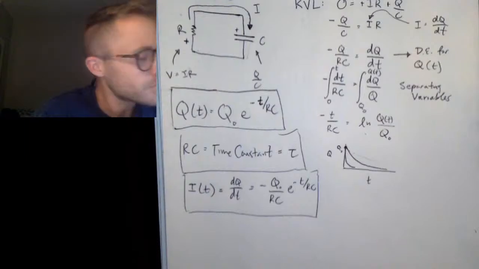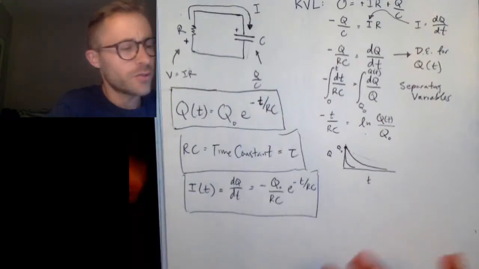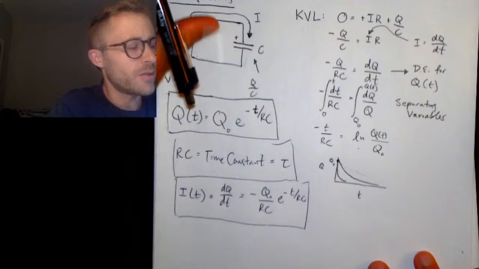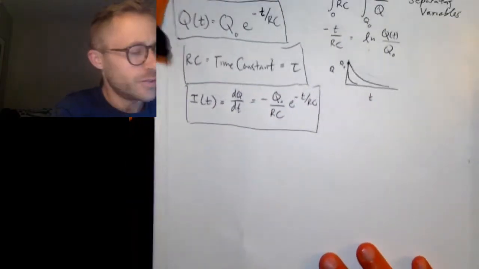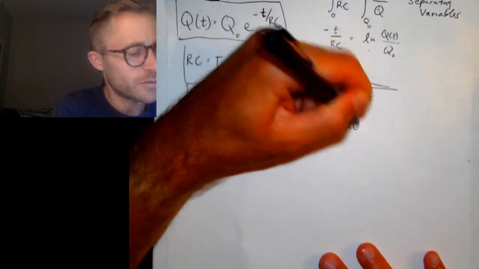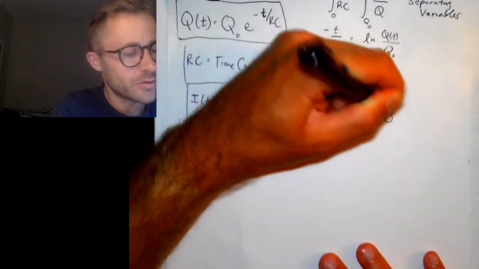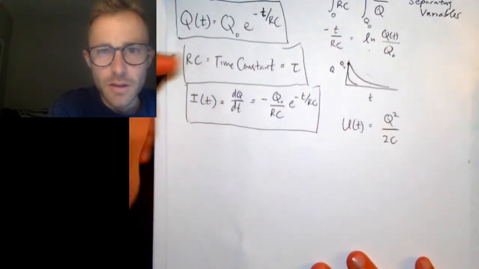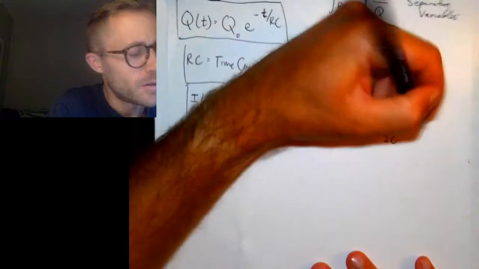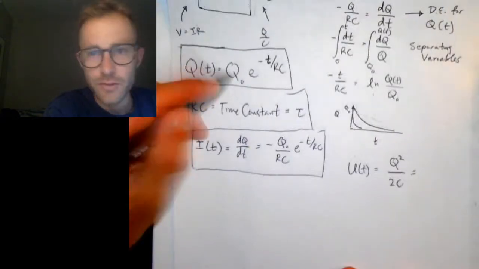And then we could also figure out the energy on the capacitor as a function of time, which is Q squared over 2C. All right. And so that would be squaring this.